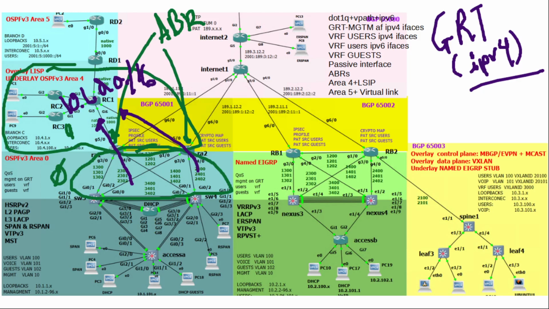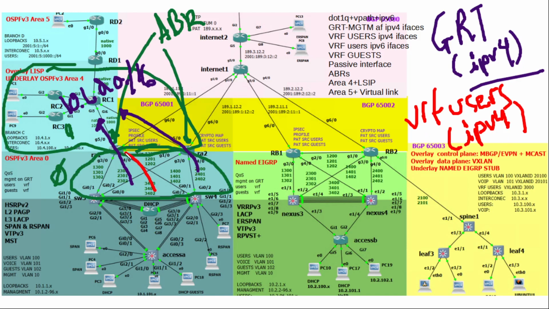Then for the VRF users, for the address family IPv4, we are going to filter out the advertisements of the prefix that belongs to the voice VLAN, which is 10.1.1.0/24. Okay, we're going to do summarization and filtering.